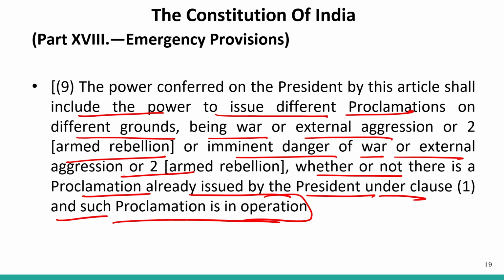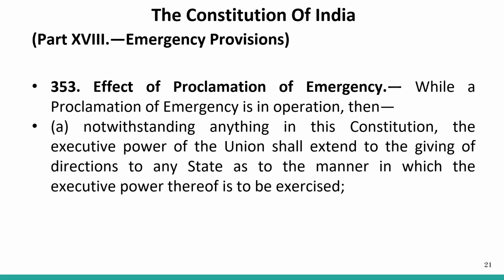So another emergency will be operational without touching the previous emergency which is already in force. It will not affect the proclamation which already exists, and the President has the authority to issue another proclamation on a different ground of emergency. That is what has been mentioned in this particular clause.